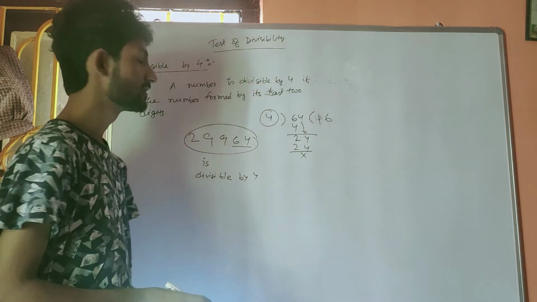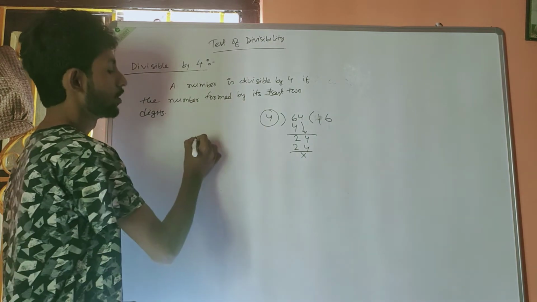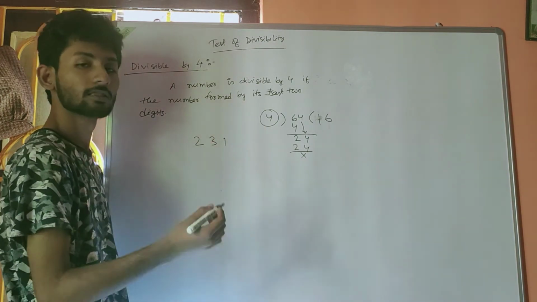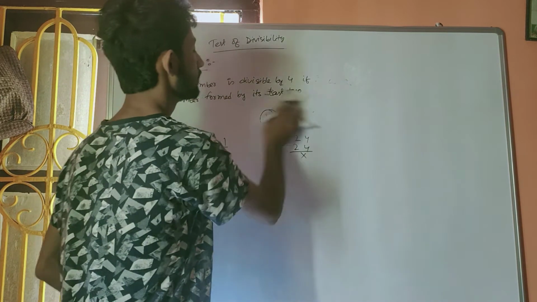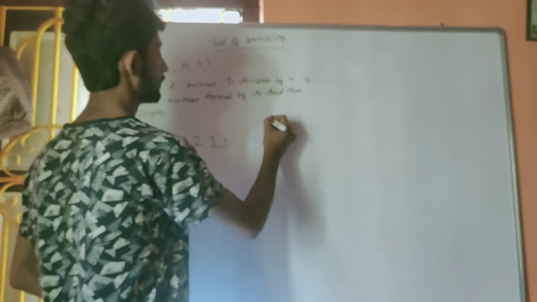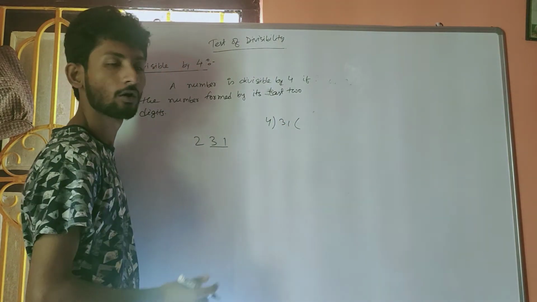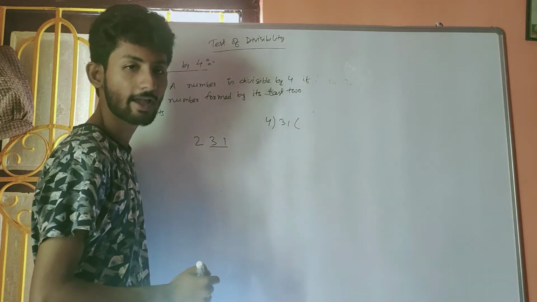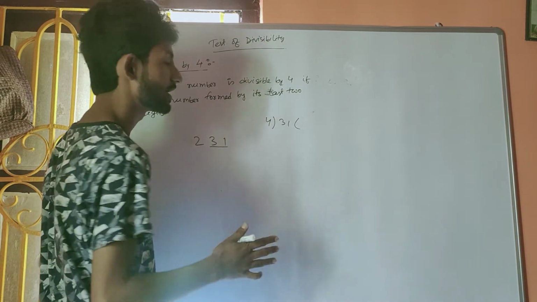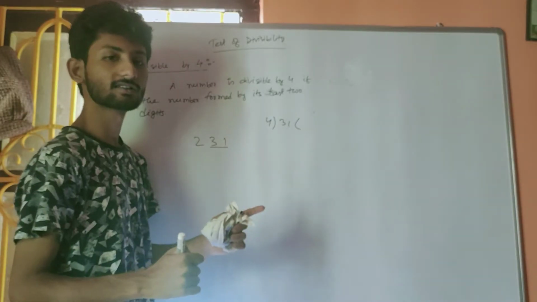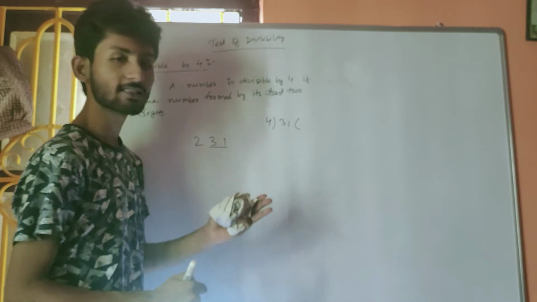So we can say that this number is divisible by 4. Similarly, if I see another number, that is 231. The number formed by the last two digits is 31. Now we will divide 31 by 4. 4 ones are 4, 4 twos are 8, 4 threes are 12, 4 fours are 16, 4 fives are 20, 4 sixes are 24, 4 sevens are 28, 4 eights are 32.